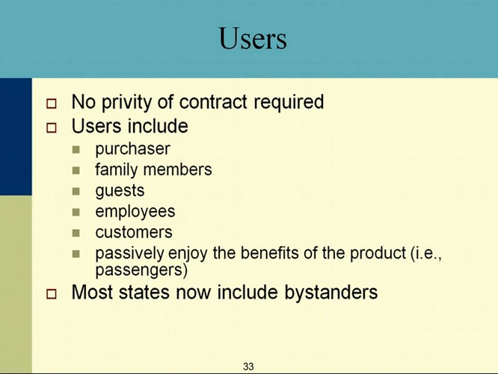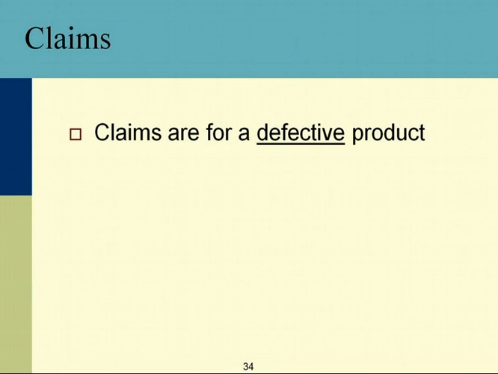So if a person is walking along the sidewalk and there's a power mower and it throws a rock out because there was an inadequate design, or a piece of the mower was left off when it was sold, and the rock flies off and hits a person in the head or the eye, then that bystander can also bring a lawsuit against anybody in that chain of distribution.